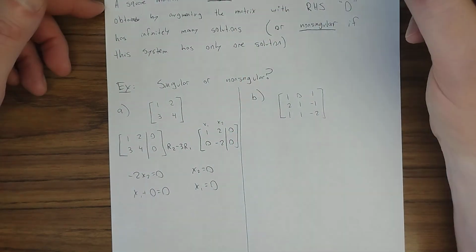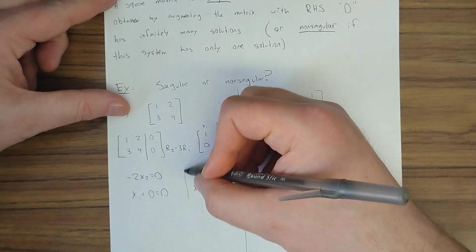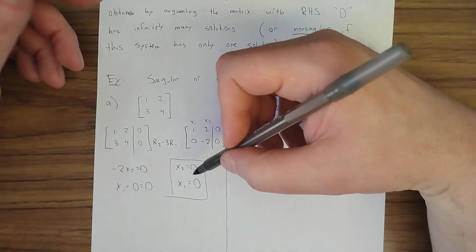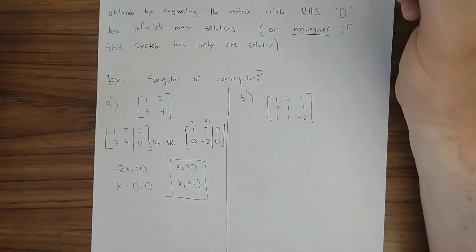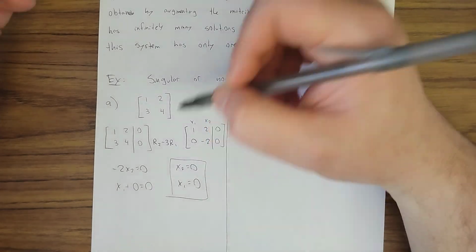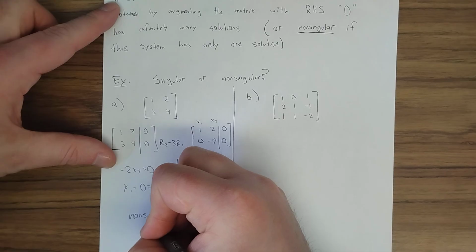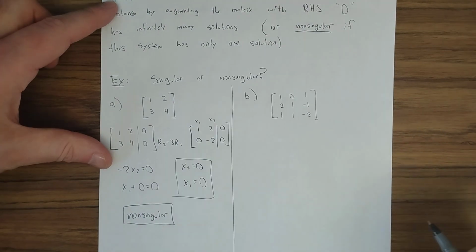So I got just one solution. There's no free variables. There's just the solution that there always is. For a homogeneous system, you always have this solution where the variables are all 0. This is just a question of, can you have more? And for this one, you can't. So we say non-singular.